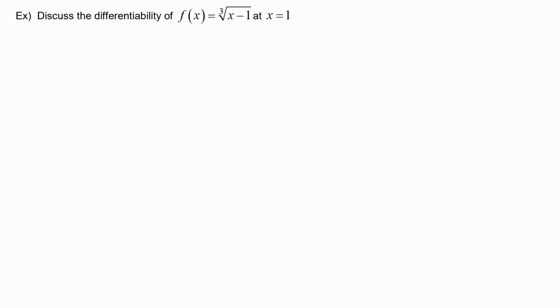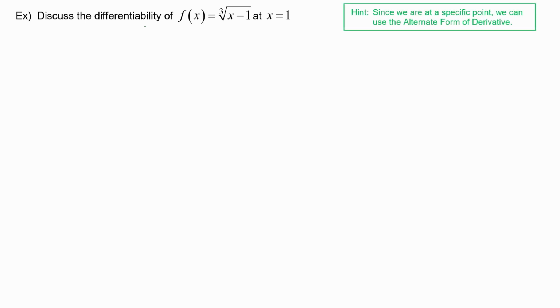In this example, discuss the differentiability of f of x equals the cube root of the quantity x minus 1 at x equals 1. To discuss the differentiability, that tells us we need to find the derivative. And since we are at a specific point, we can use the alternate form of the derivative, which is often the simpler form.